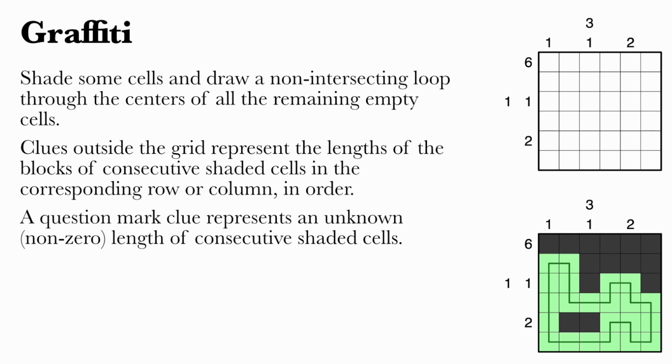So our example doesn't show that, but that's saying that if this were, instead of 3-1, question mark 1, this would be a potentially valid solution for that. A question mark can't be 0, but it is some stretch of shaded cells. Those are the rules of graffiti, so it's time to solve a puzzle.